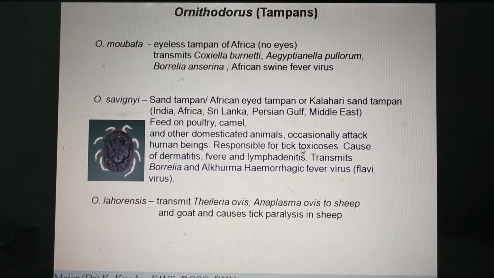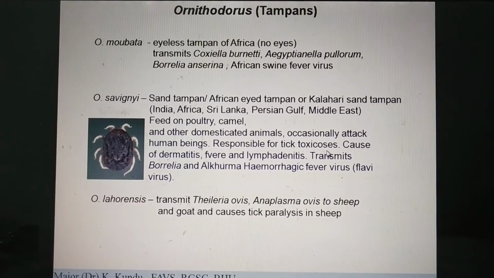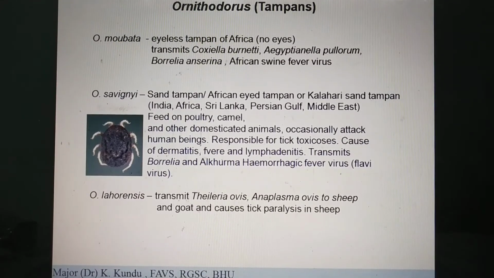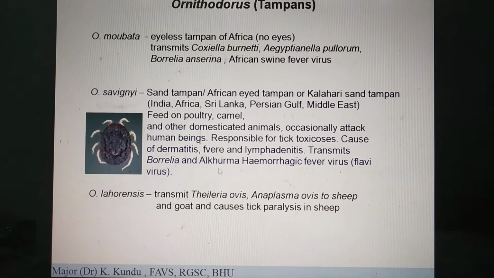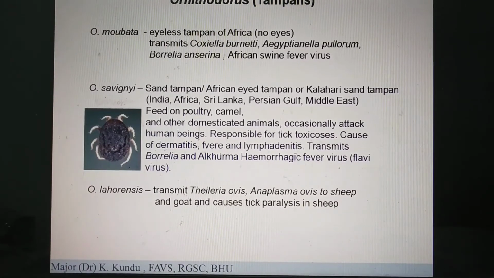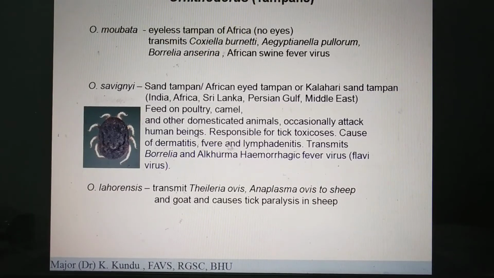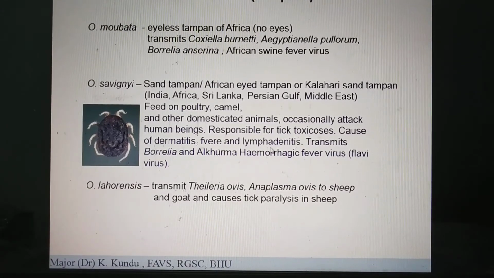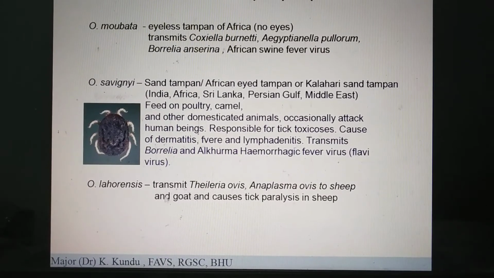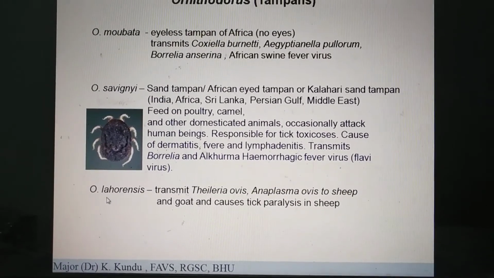Tick toxicosis is a toxicity caused by ticks, and it results in a severe hypersensitivity reaction. Apart from that, it causes dermatitis, fever, lymphadenitis, and it also transmits Borrelia.